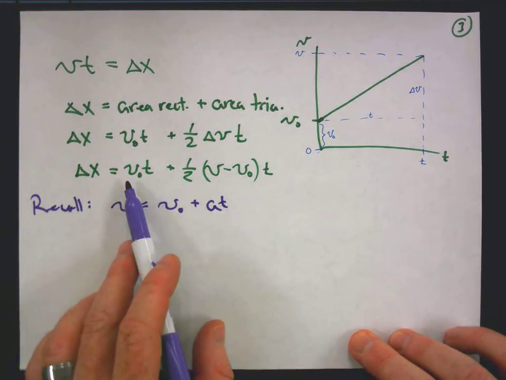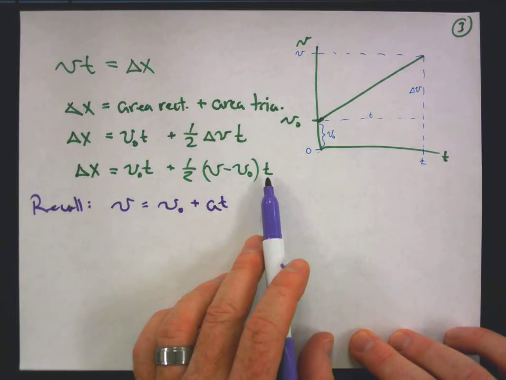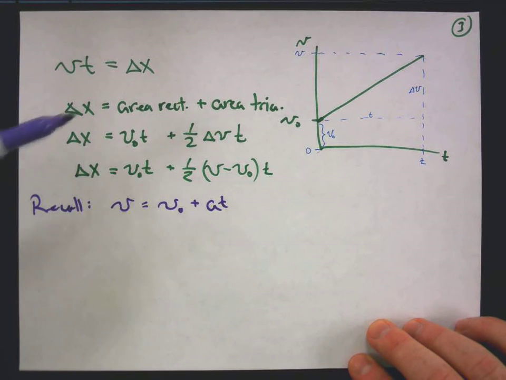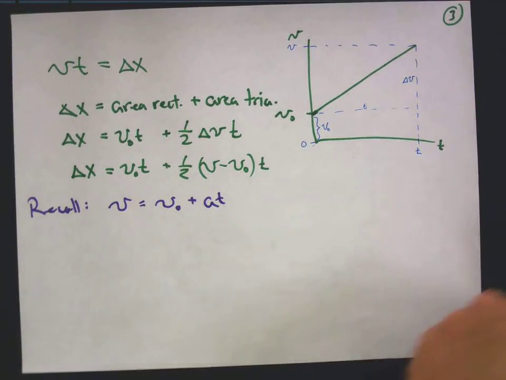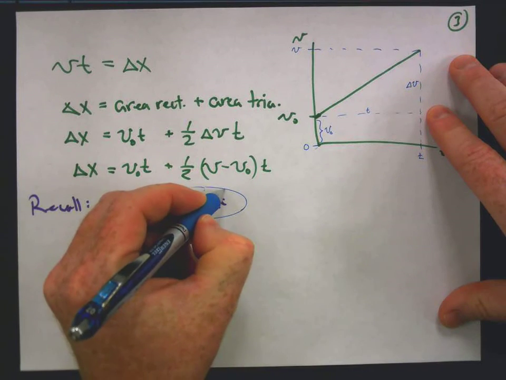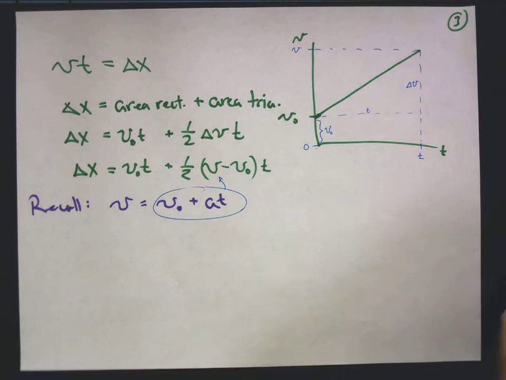Look, there's no a in this equation. There's no acceleration term. We'd like to have one. We would like to know displacement or final position in terms of time and acceleration. That's going to be important. So what we're going to do is take this and substitute into that velocity. Here's how this is going to work.